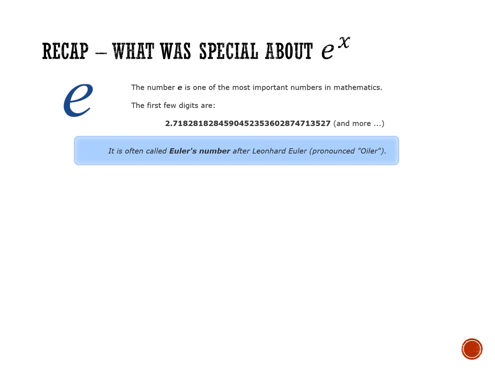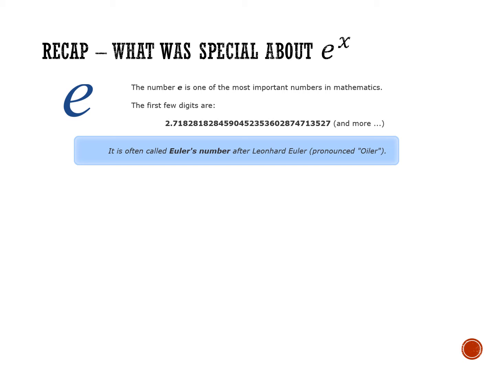Okay, so first of all, let's have a quick recap about what was special about e to the x. Now e, remember, is the base number of this exponential function. e was a value around 2.718, and the base number e is called Euler's number.